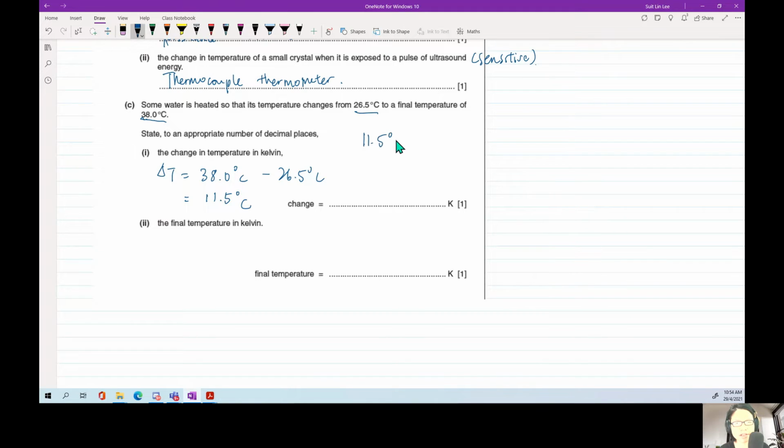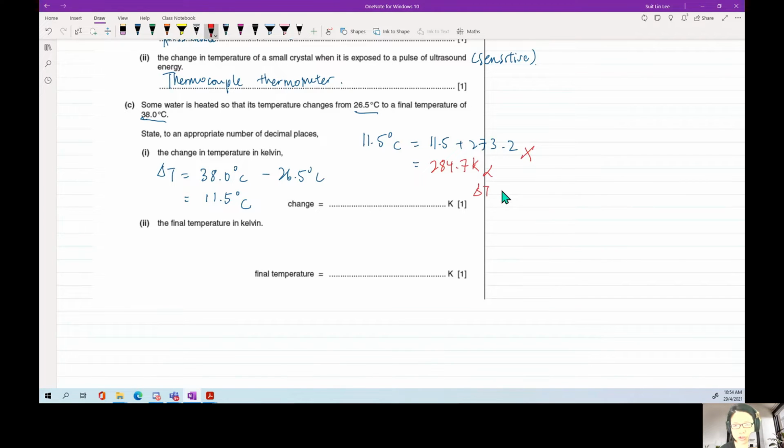So 11.5 degrees Celsius is equal to 11.5 plus 273.2. This is wrong. Then they write something in Kelvin: I add 273.2, so this is 284.7. This is wrong. Why?